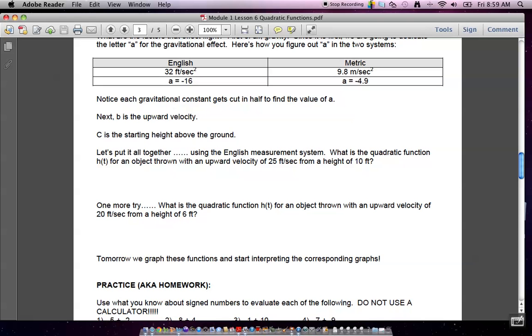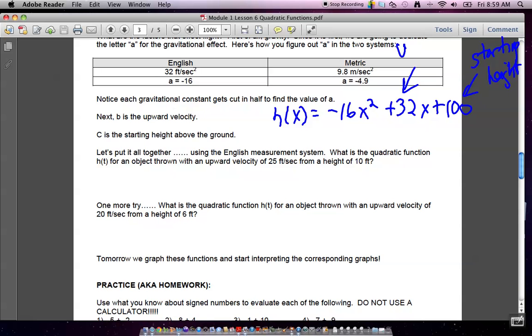So if I write h of x equals negative 16x squared plus 32x plus 100, and this was the equation of a ball hit by a professional baseball player, there's two things you need to know. This is the starting height that the ball was hit from, or thrown from. Maybe he's up on top of a building 100 feet tall, and he throws a ball, or hits a ball. And this is the upward velocity.